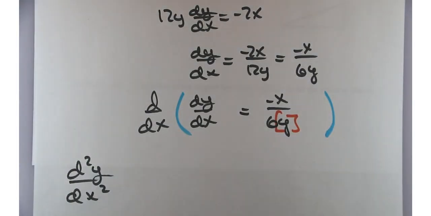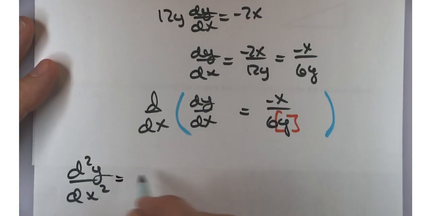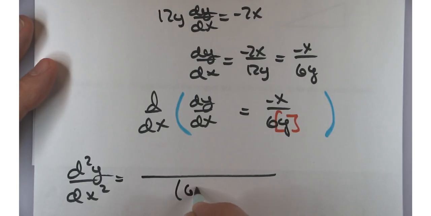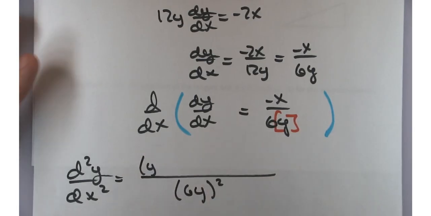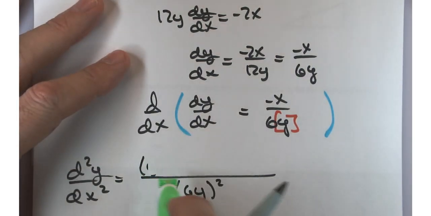Okay. What rule am I going to have to use to find the derivative here? Quotient rule. So not too much you can do or say there. You're going to get 6y squared, and then a 6y times the derivative of the numerator.